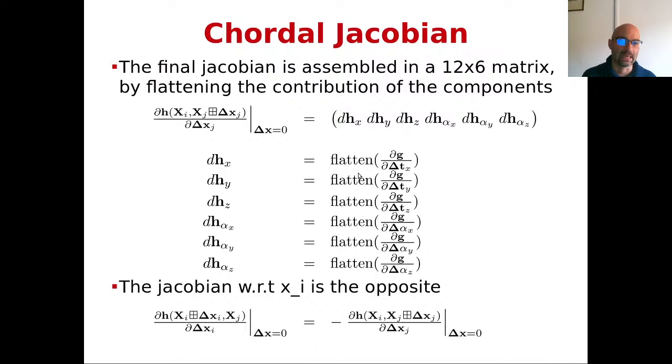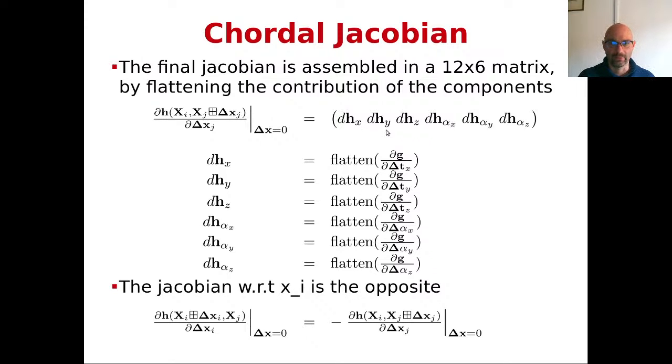In this way, we can arrange these 3 by 4 matrices into a 12 by 6 matrix, where the first component will be obtained by taking the derivative of G with respect to the x component of the translation and flattening it.